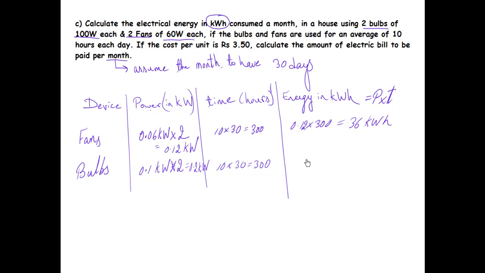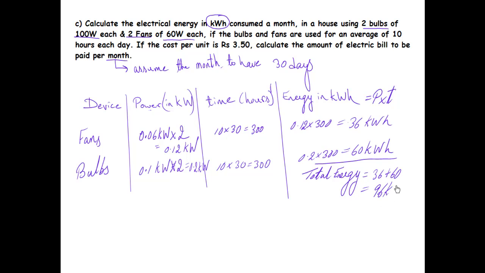And for the bulbs, it will be 0.2 into 300, which is 60 kilowatt hours. So total energy consumed in kilowatt hours will be 36 plus 60 kilowatt hours, and that is equal to 96 kilowatt hours.